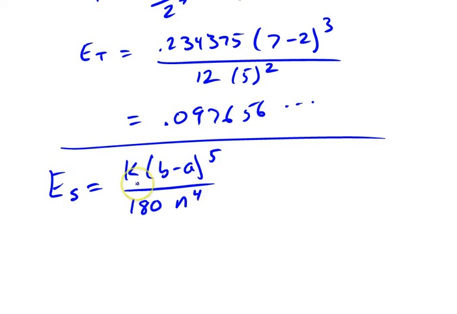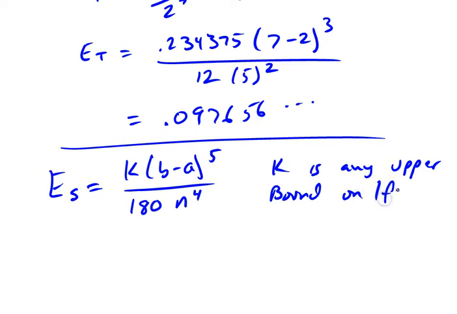In this case, k is any upper bound on the absolute value of the 4th derivative of f of x. In the previous one, k was an upper bound on the 2nd derivative. For this case, it's on the 4th derivative.